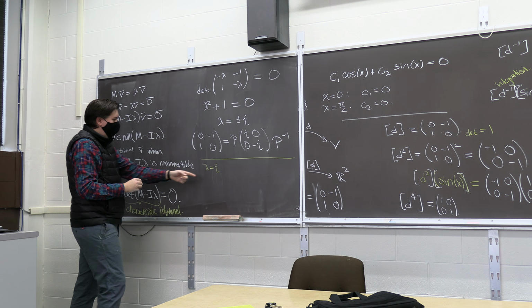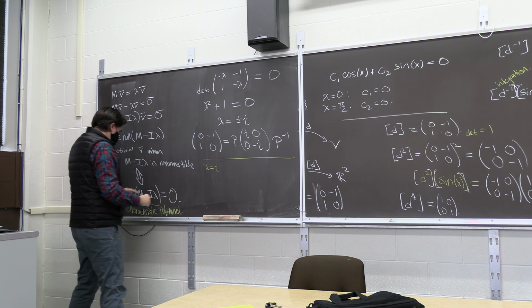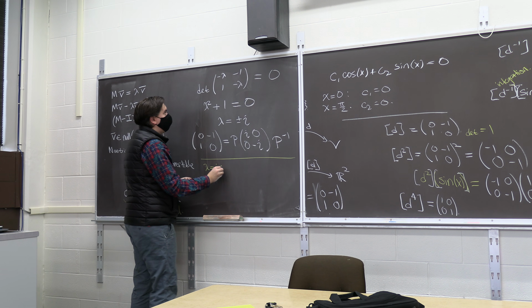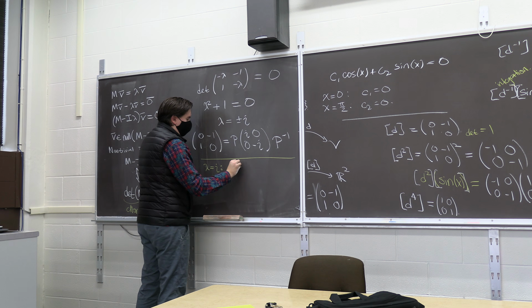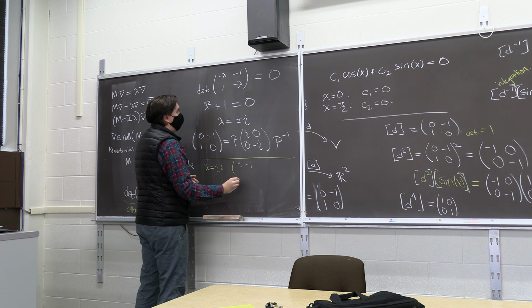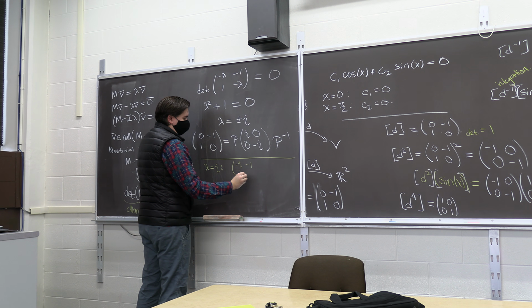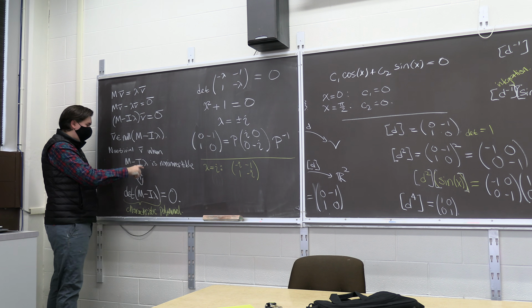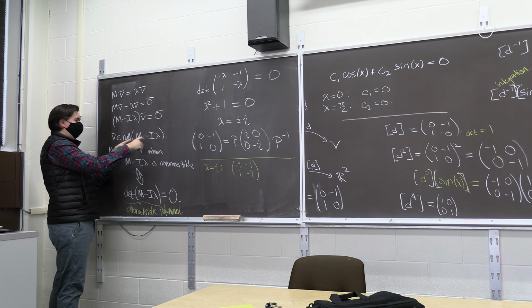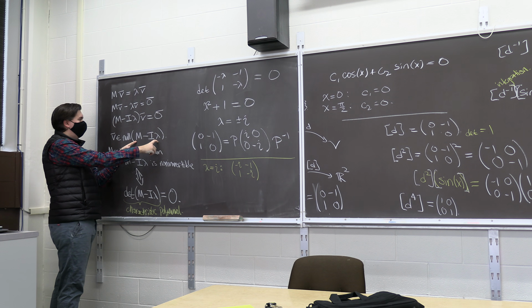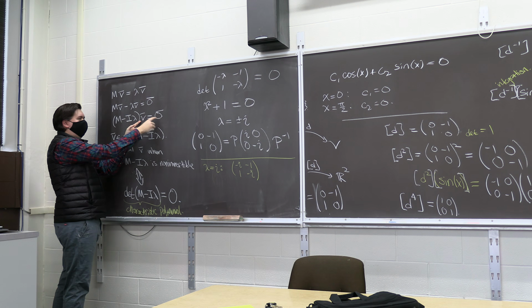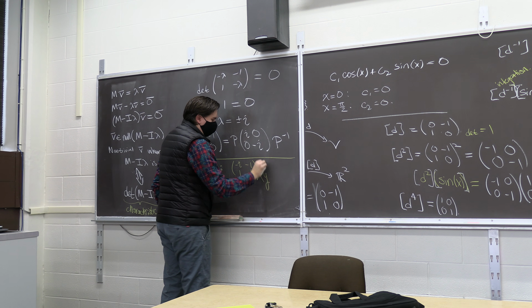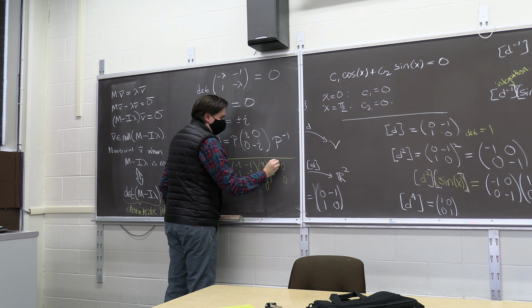So we can go back, and when lambda is i, our matrix M minus lambda I is just this matrix: minus i, minus 1, 1, minus i. And we want some vector that is in the null space of that matrix. That is, you want that matrix times some V to give you 0. We want this times some vector V, I'll call it the vector (x, y), to give you 0.